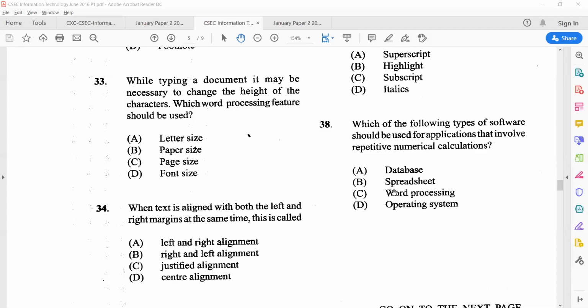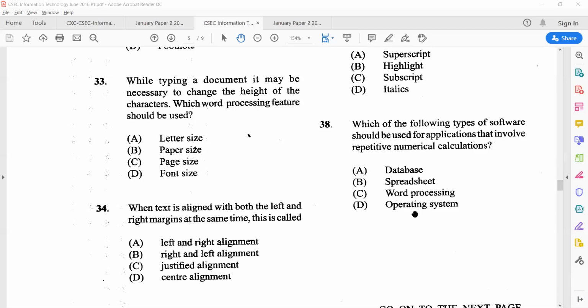All right. Okay. So just going through this. First of all, 3 of these are applications that you all have experience with: database, spreadsheet, and word processing, and the last one is the operating system, an example of which is Windows 10, or Windows operating system. So you were talking about repetitive numeric calculations.